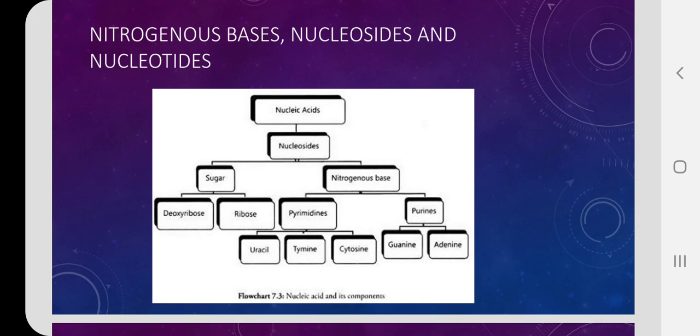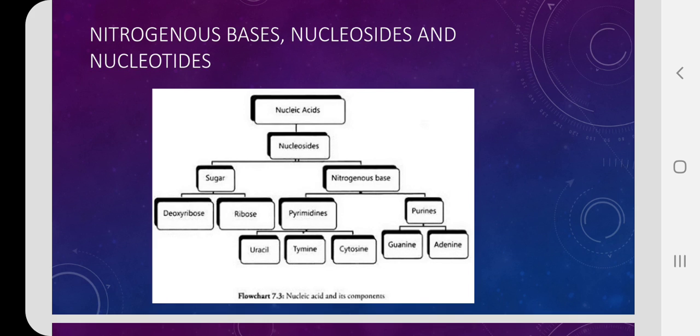You can see here in this flow chart, what is a nucleoside? Sugar plus nitrogenous base makes a nucleoside. Nitrogenous bases are of two types: one is purine and second is pyrimidine.